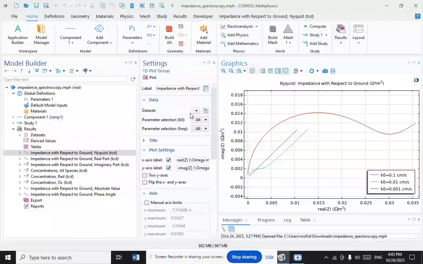This simulation provides the theoretical background, the principles and applications of electrochemical impedance spectroscopy in various research and technological sectors.